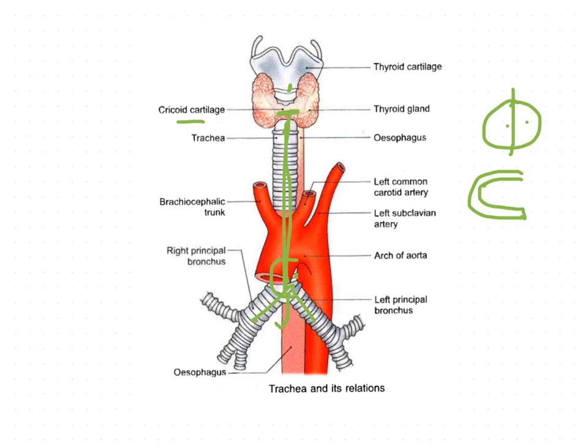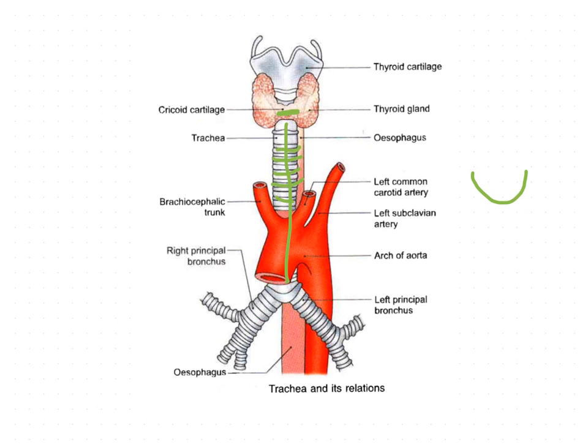So you can see these C-shaped rings on the anterior aspect of the trachea. Here you can see very clearly all these are C-shaped rings. This is the cartilaginous skeleton. Here anteriorly you can see this C shape, isn't it? Yes.